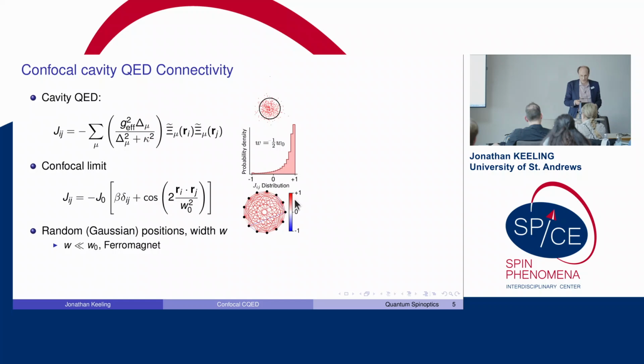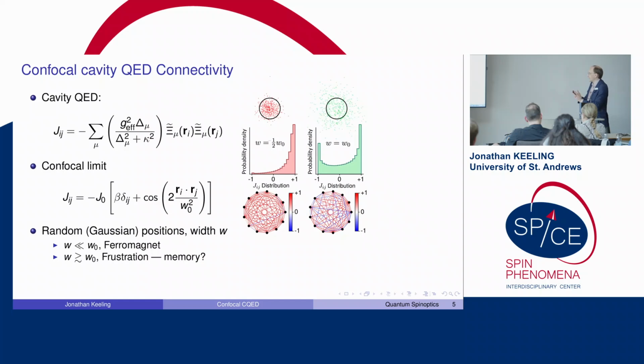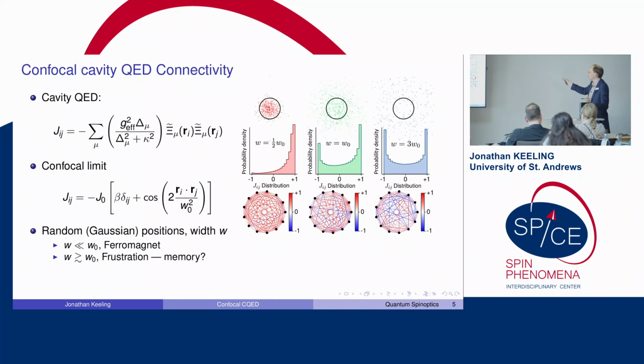This is a ferromagnet. If you start to scatter them a bit further apart, then you start to see some interactions become negative, and when you scatter them even further apart, you see something where it's roughly equally probable to get a positive interaction or a negative interaction.